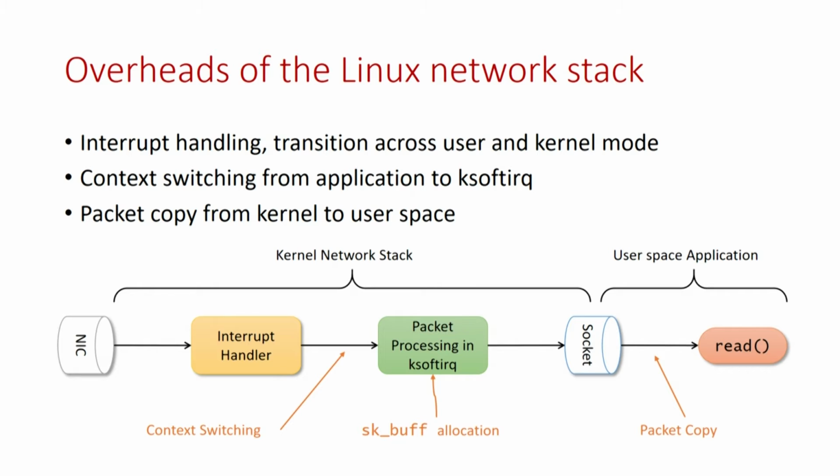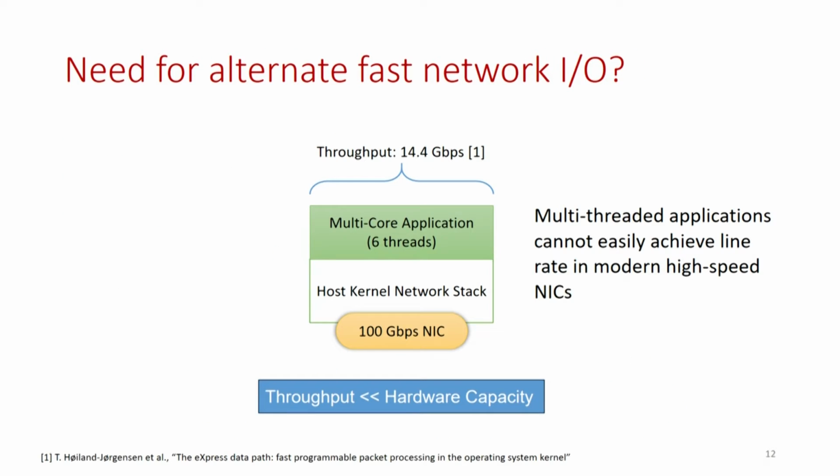Now when the Linux network stack was designed, network cards had much lower throughput, and all of this didn't seem like such a big deal. But today you have hundreds of Gbps networking hardware, and the same operating system with the same architecture that was designed decades ago at much lower network speeds.